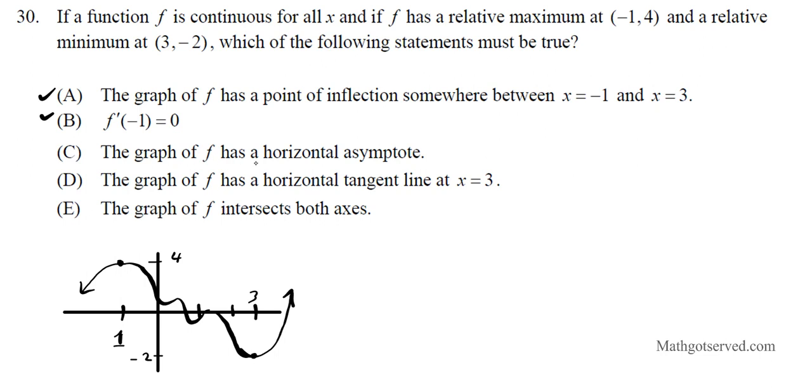The graph of f has a horizontal asymptote. Well, absolutely, you have at least one, right? Wait, actually, I thought it said horizontal tangent. No. So horizontal asymptote, we don't really know. We can't really say that for sure here. Horizontal tangent, yeah.